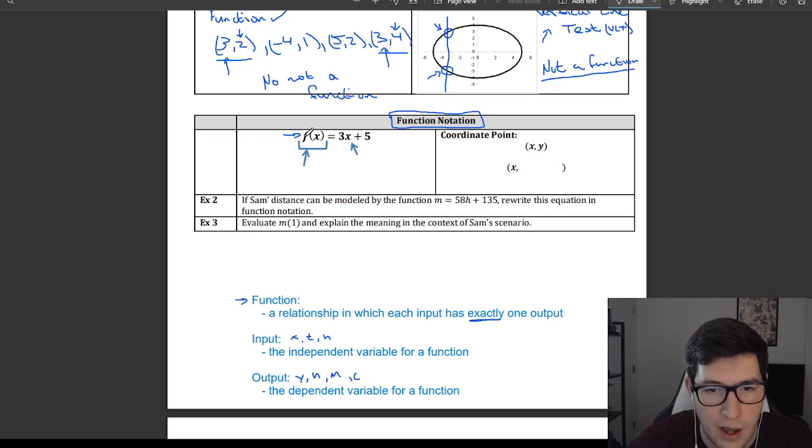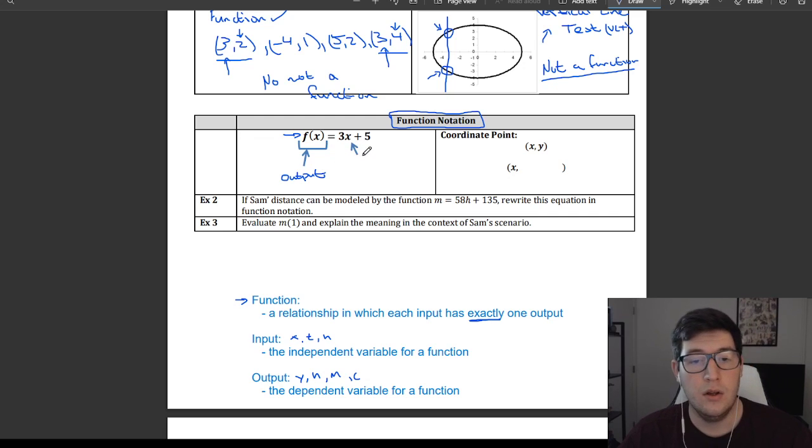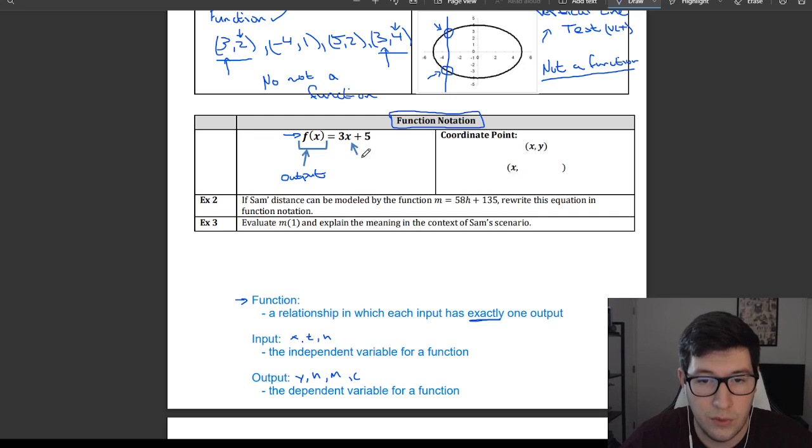Because after we get this down, I know that if I'm looking at this f of x right here, just as though it were a y, is still going to be my output. That's still my output. And this x hasn't changed, something we're still really familiar with, and I know that this is my input.